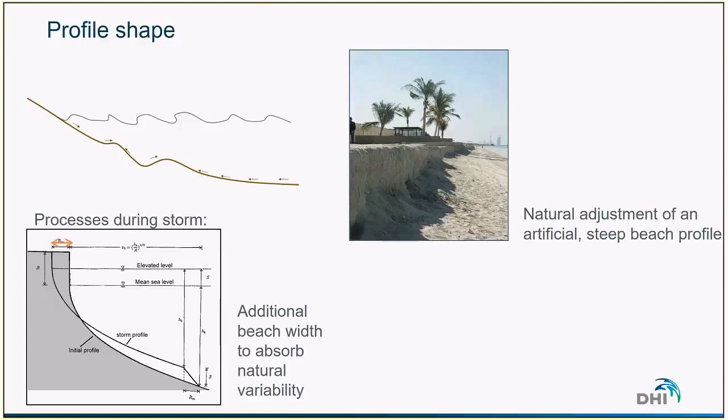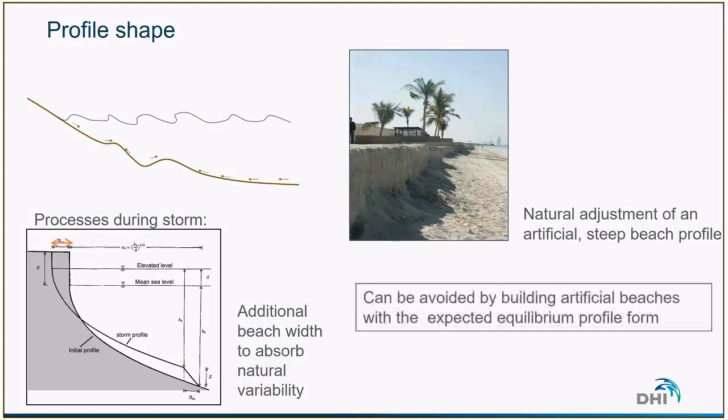This can be done by putting the sand in as close as possible to its equilibrium shape, and by using sand that is as close as possible to the existing one. So we can avoid this kind of problem by building artificial beaches with an expected equilibrium profile based on the composition of the sand used for building the beach.